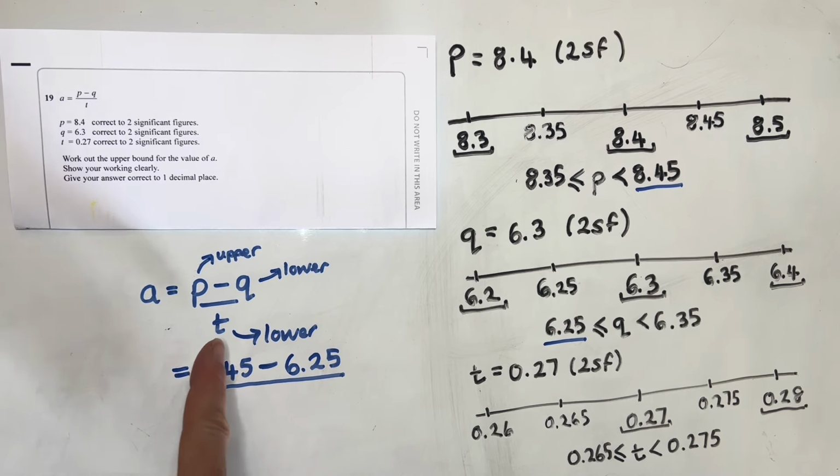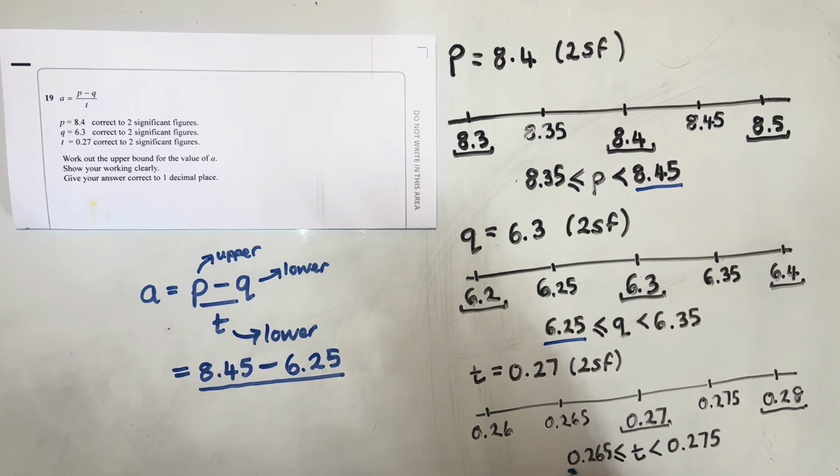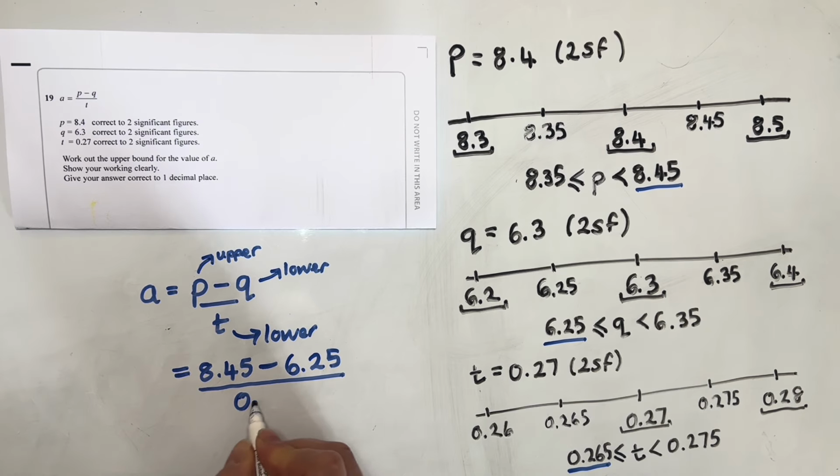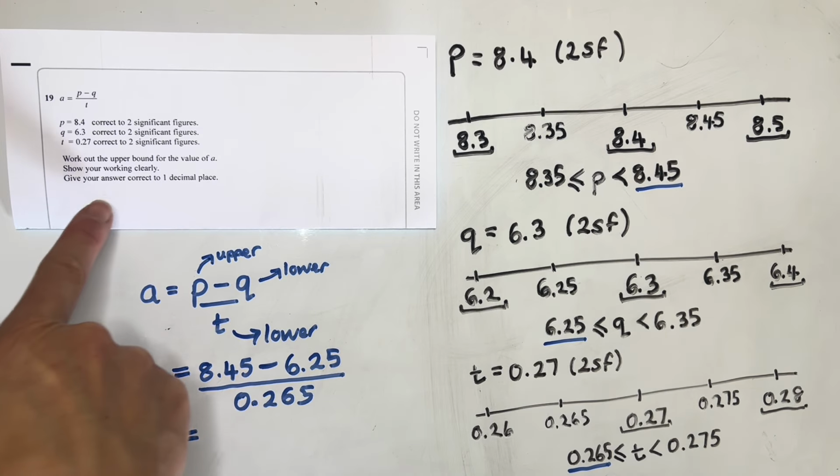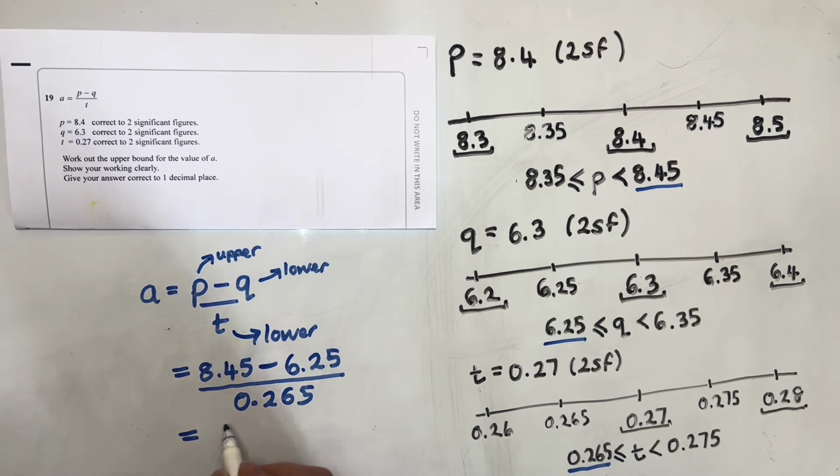And again, we need the lower bound for T, which is 0.265. Pop that into the calculator, and the question says give your answer to one decimal place, and you will get 8.3.